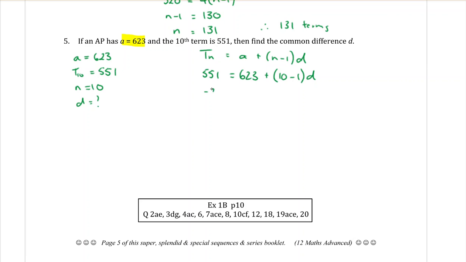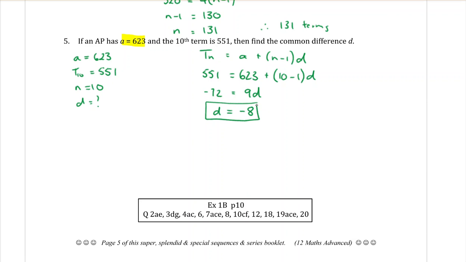That gives you negative 72. 10 take away 1 in the brackets is 9D. And then you just need to divide by 9. So D, negative 72 divided by 9 is negative 8. So the common difference is negative 8.